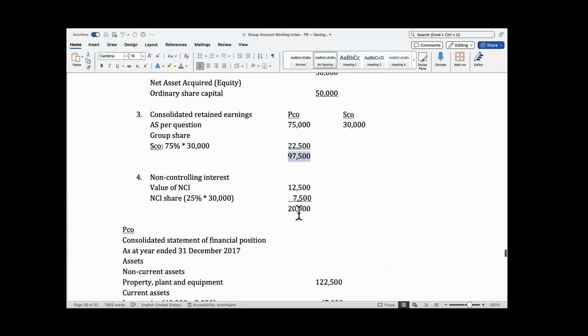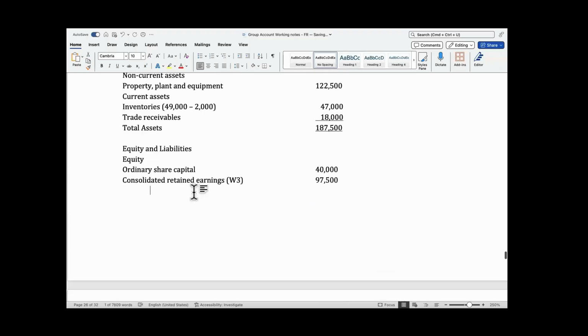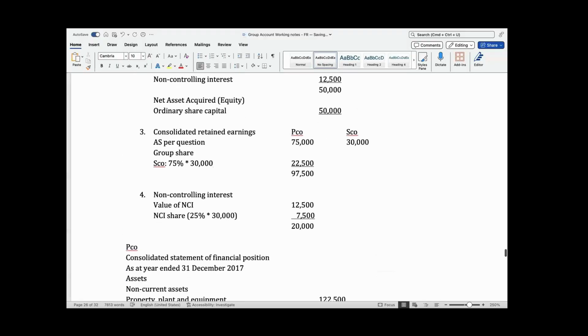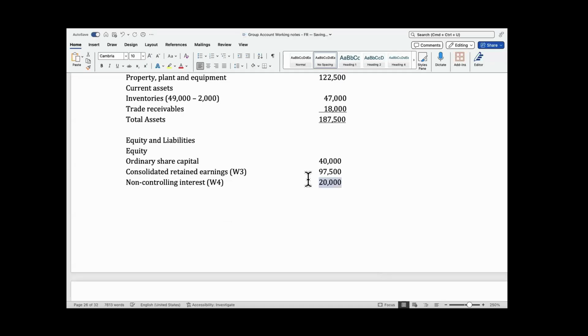Then my NCI, 20,000. So what's the addition of all this?